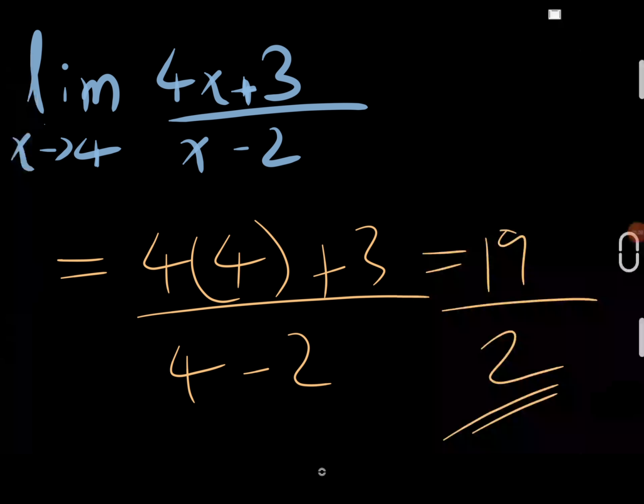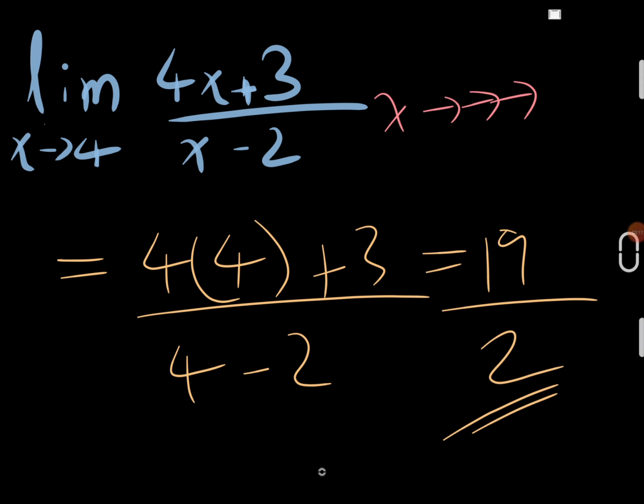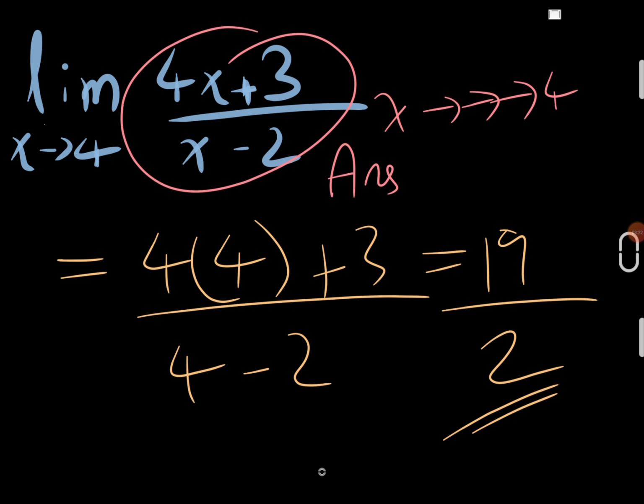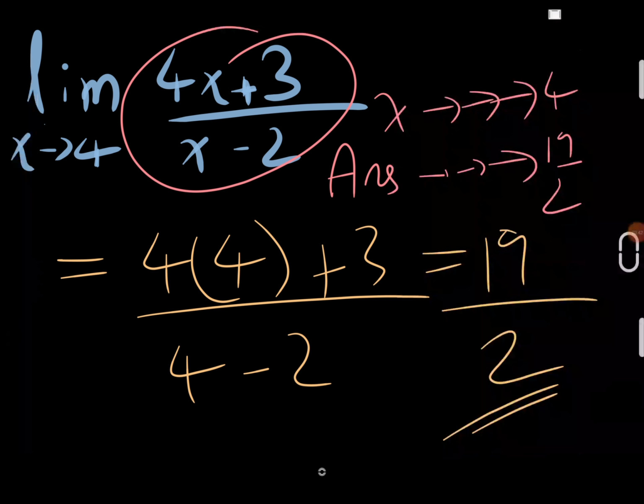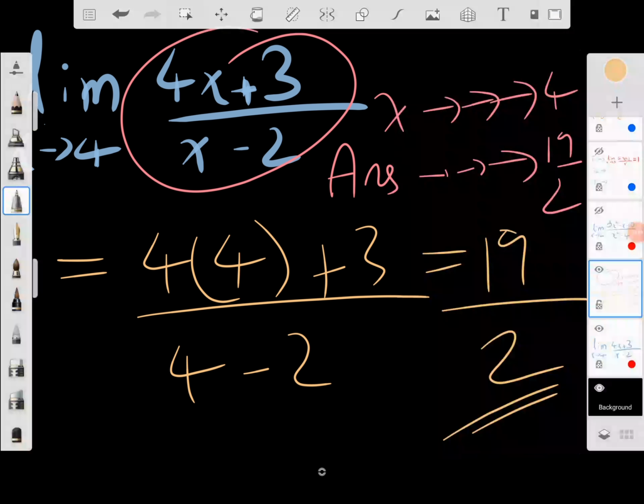Students, you need to understand that the question is saying that when x goes closer and closer to 4, the answer of this whole fraction goes closer and closer to 19 by 2. That is what this question is trying to show us. Now this type of solving is not possible in all cases, and we will see that in the next question.